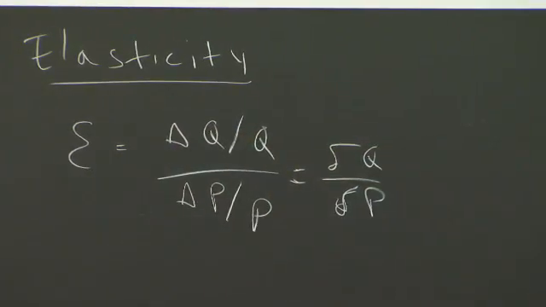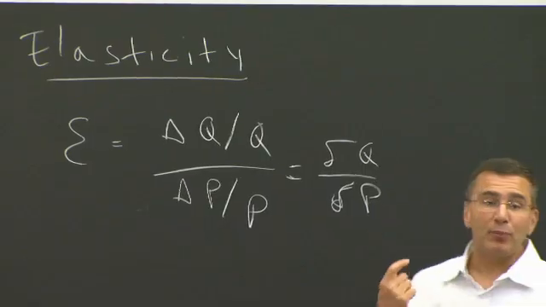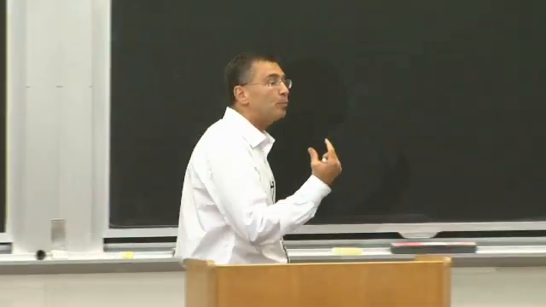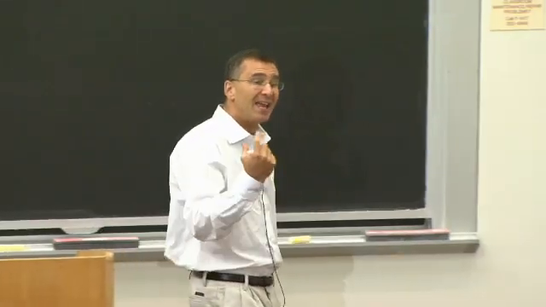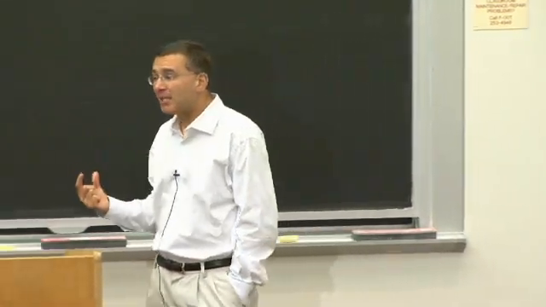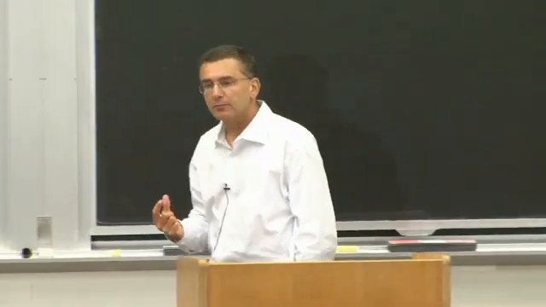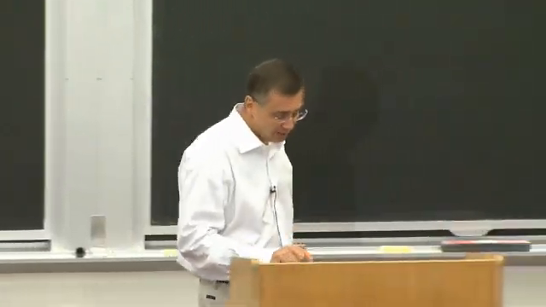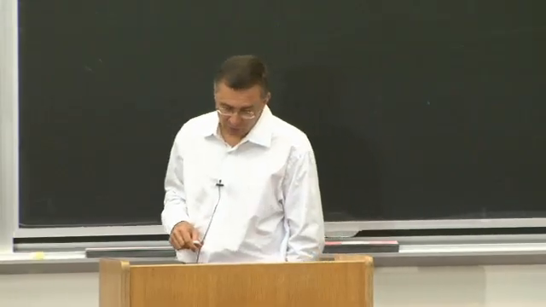So basically the percentage change in quantity for the percentage change in price. So for example, if for every 1% increase in price, quantity falls 2%, that is a price elasticity of demand of -2. Okay? The price elasticity of demand is the percentage change in quantity for the percentage change in price.